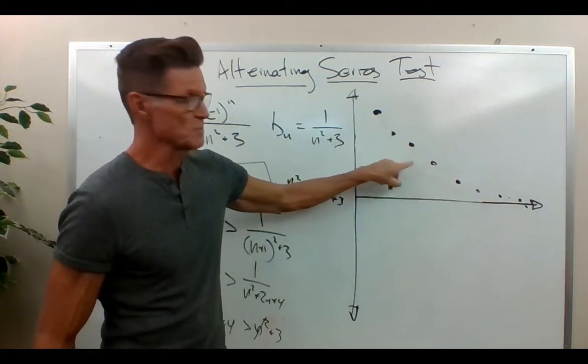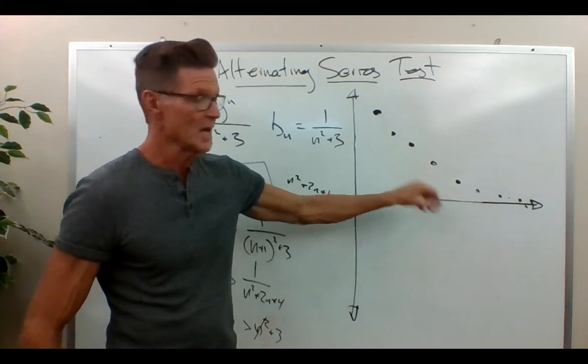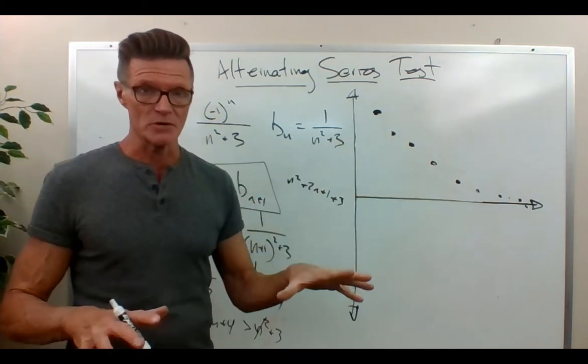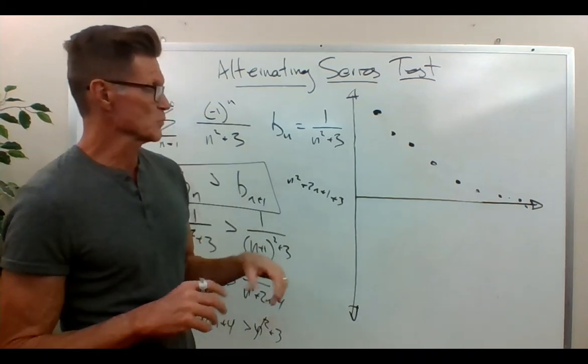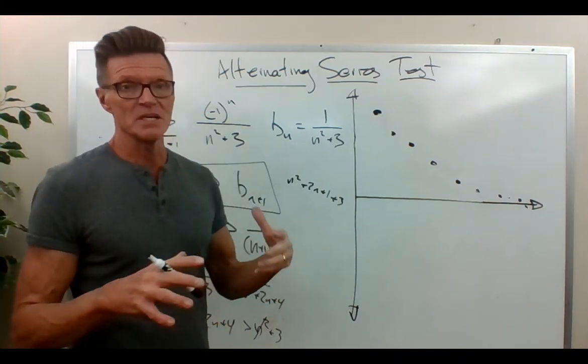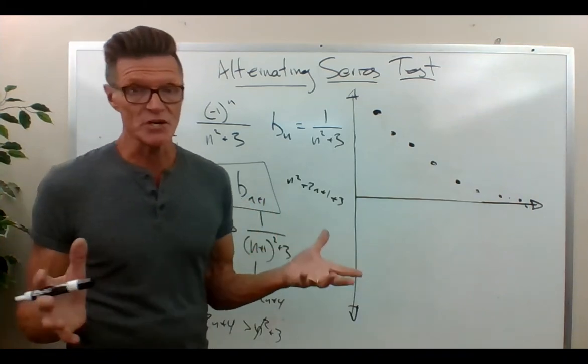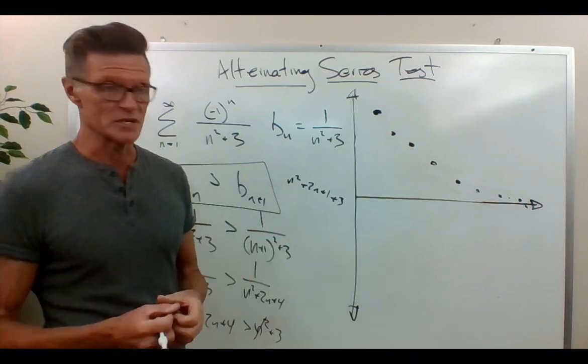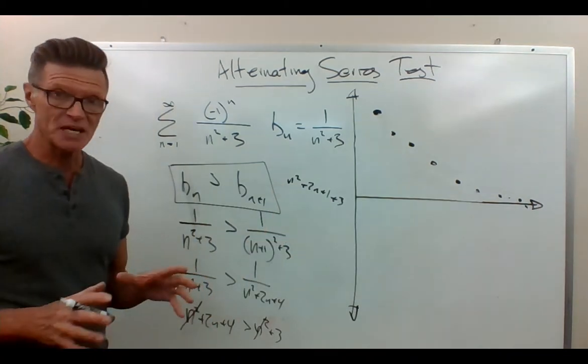Each term needs to be getting smaller and smaller, and it has to be converging towards 0, right? If the terms were getting larger and larger, it would not be converging towards 0, and it would not be a converging alternating series.